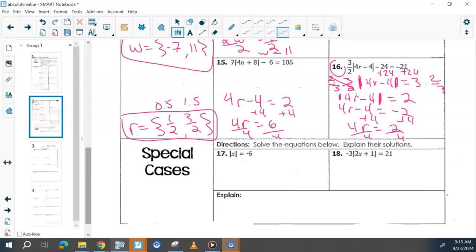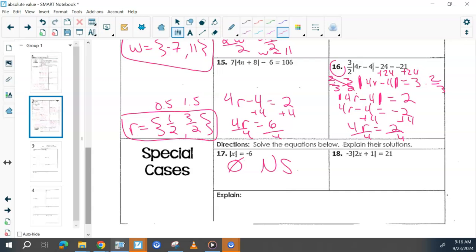Okay. So all this time as we were talking about absolute value equations can't equal a negative. So if you get something where it's isolated and it equals a negative, there is no solution. You can't solve it.